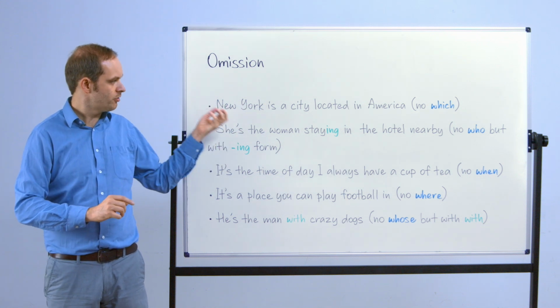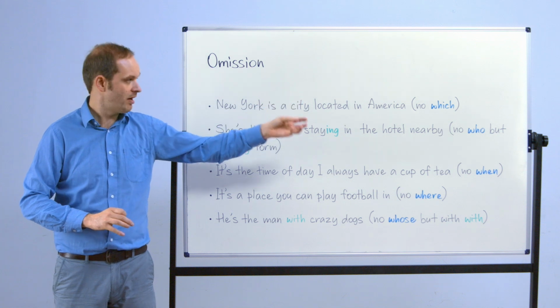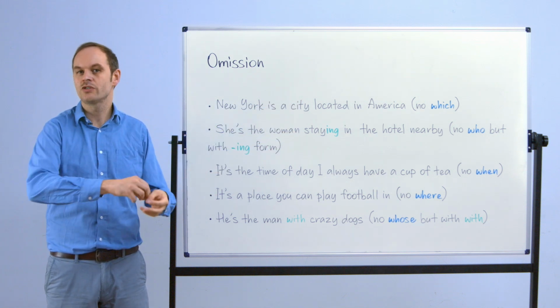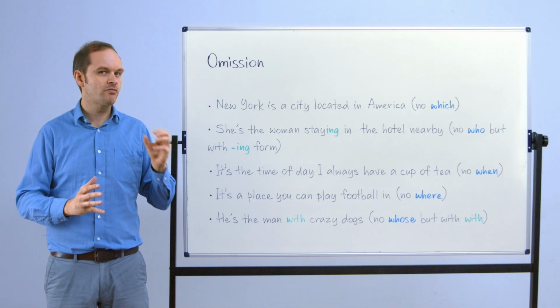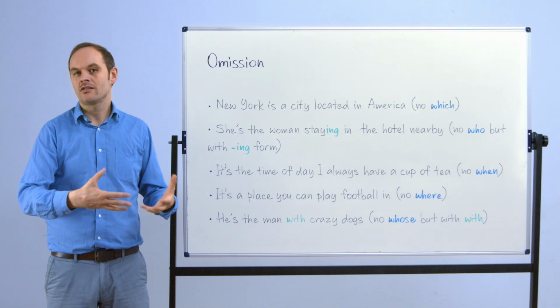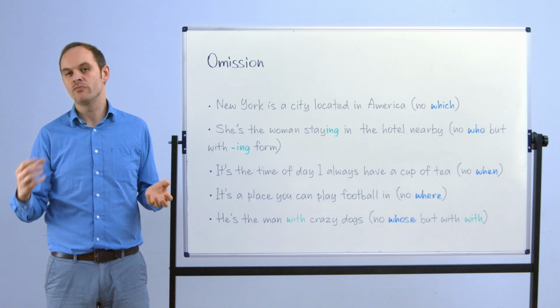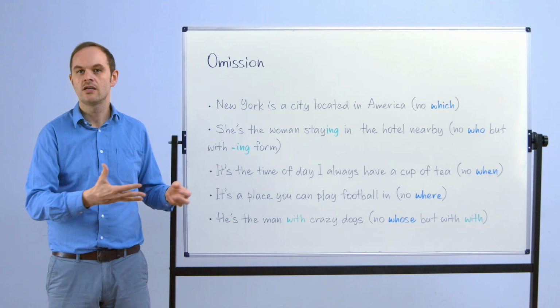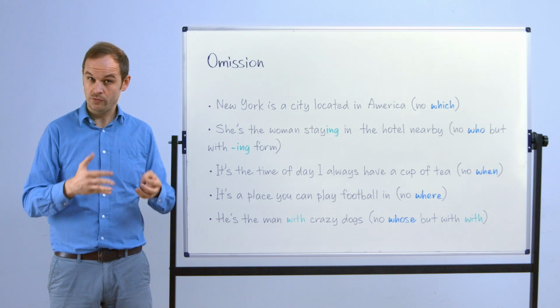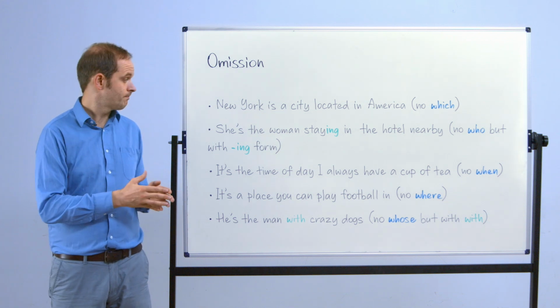So we could say New York, which is a city located in America, but we don't need to. We just remove the which. Now this can be confusing, but what you've got to remember is native speakers like to save time, so often they remove it. And sometimes when we're studying grammar points like this, the reason is for your receptive skills. When you see it, you will understand.